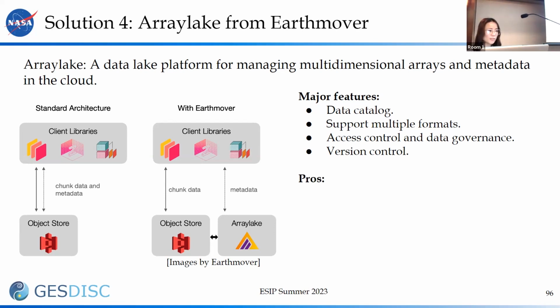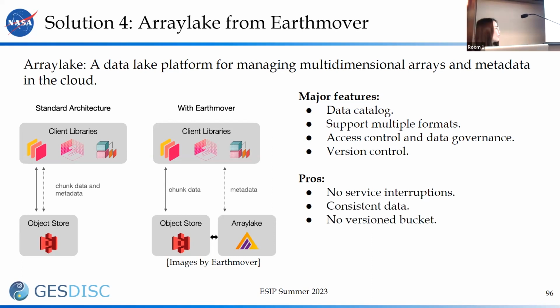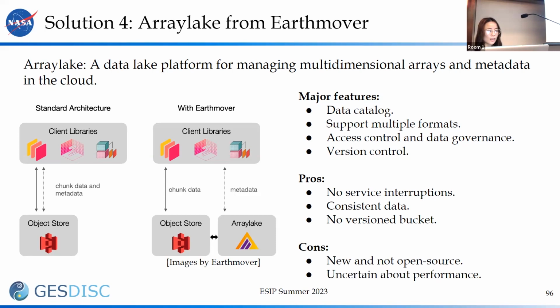Pros and cons of this solution: no service interruption, consistent data, no version bucket. So very similar to the B+ tree that I just mentioned. But one big difference is that it's not open source, and that might give us some logistical challenges down the road if we adopt it as a long-term solution.